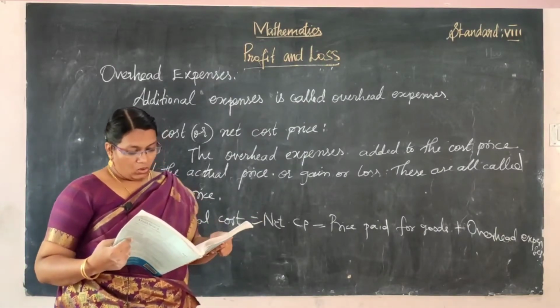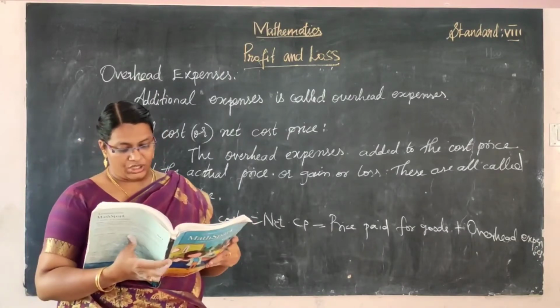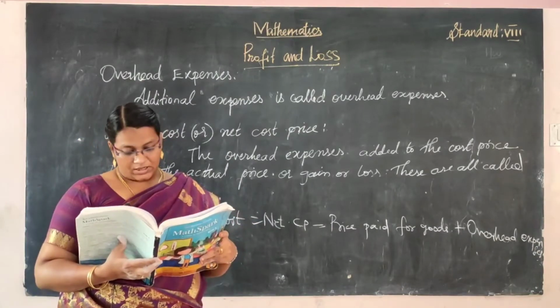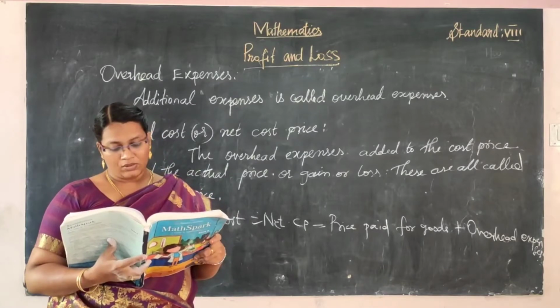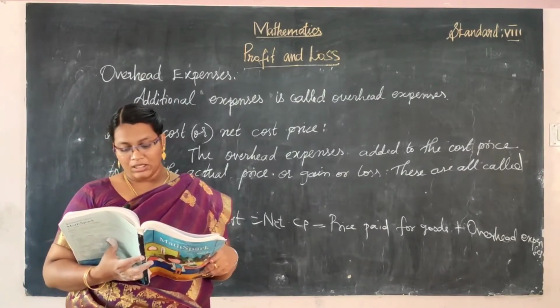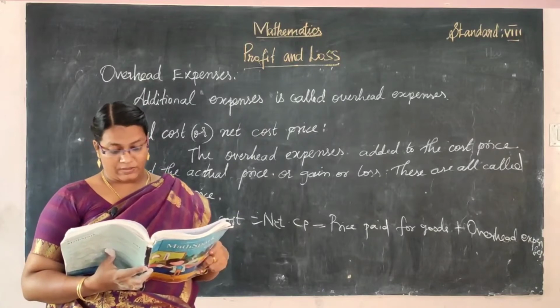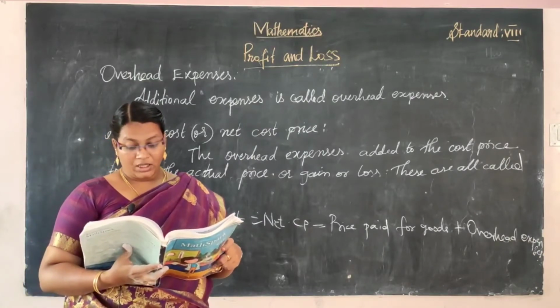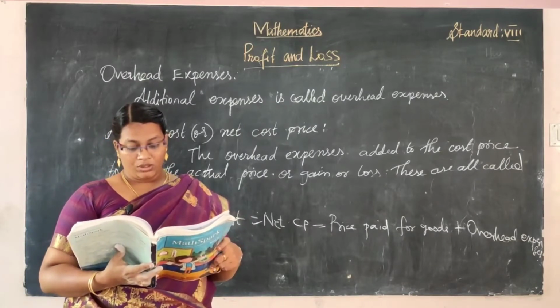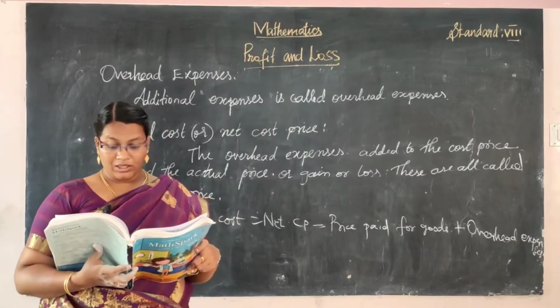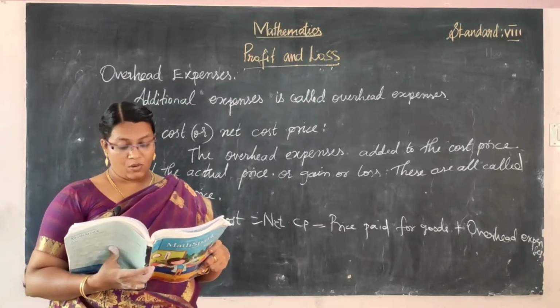Example 20. On selling a washing machine to a customer for rupees 20,000, a shopkeeper makes a profit of 25% on the cost price. Find the cost price of the washing machine. So what data are given? Selling price, you know.